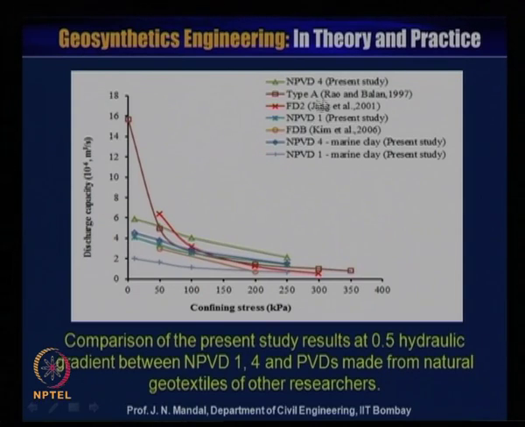You can see this is the natural prefabricated vertical drain 4 in this present study, and whatever other studies have been done, type A, Rao and Balan 1997, FD2, also Jang et al. 2001, and natural prefabricated vertical drain 1 in the present study, and FDB Kim et al. 2006, and natural prefabricated vertical drain 4 marine clay in the present study, and NPVD 1 marine clay in the present study.